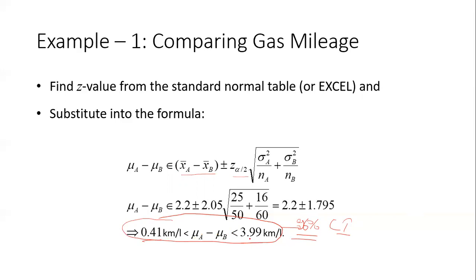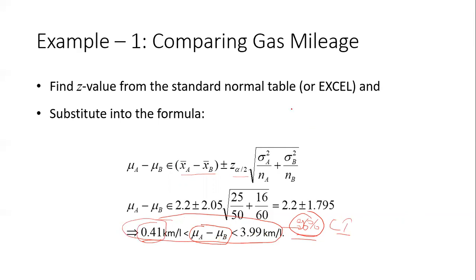So what does this mean? Well, this means that I am sure that there is a positive difference between mu A and mu B. And moreover, I am 96% sure that the difference between A and B is at least 0.41, okay?